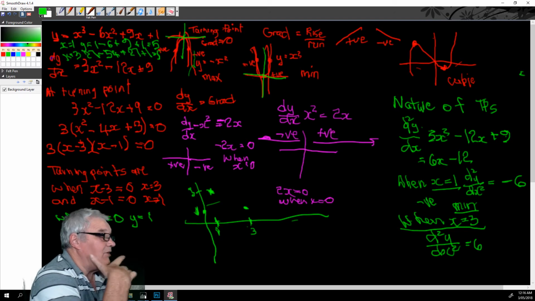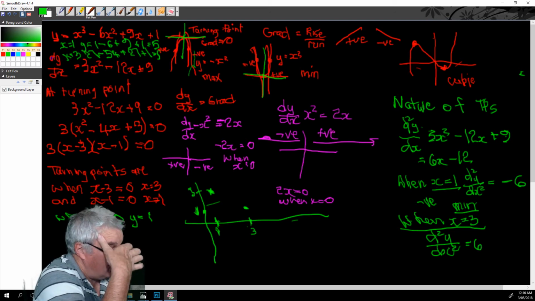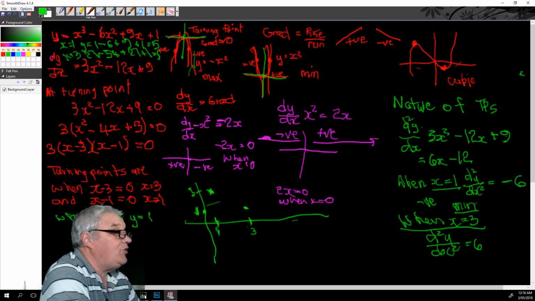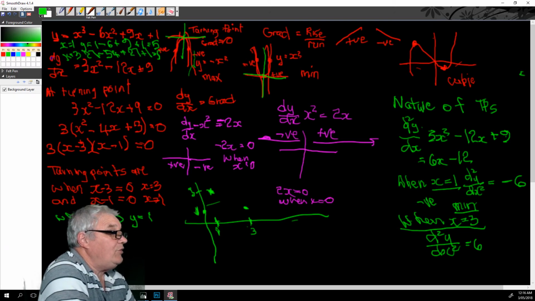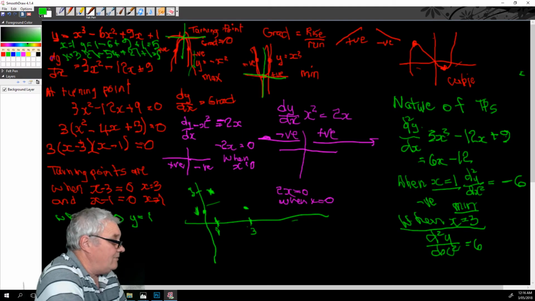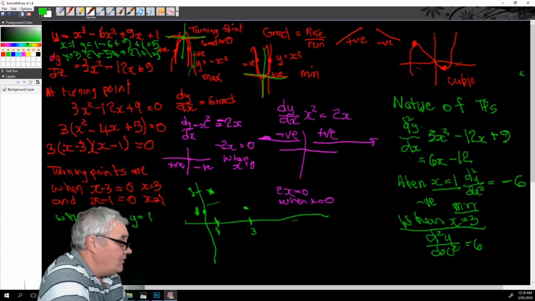So that means that the gradient function is going positive. So that's up like that. Sorry, I've got that wrong. There's a maximum when it's negative. I've just got a little bit bamboozled there.